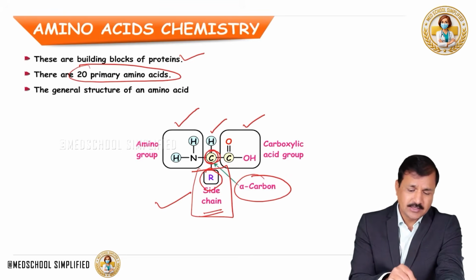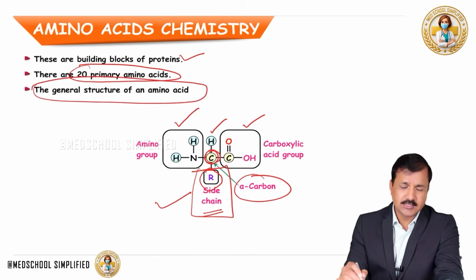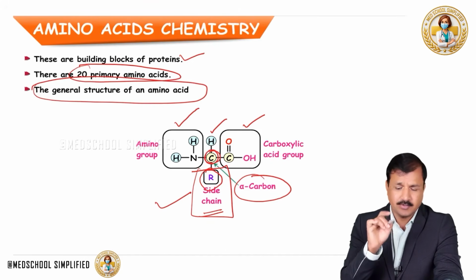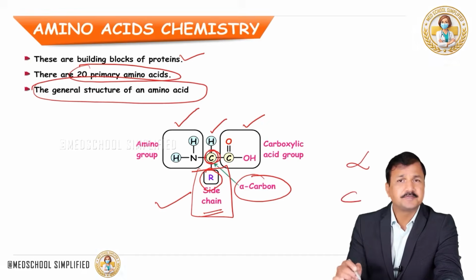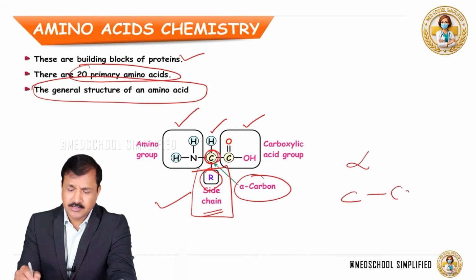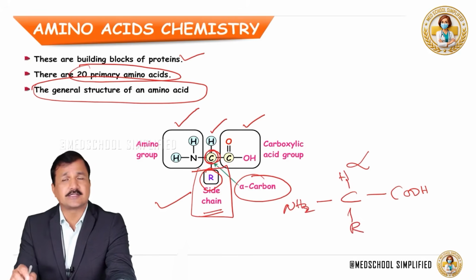I have already explained the general structure of an amino acid. To repeat one more time, an amino acid has got an alpha carbon in the center. Then we have a carboxylic acid group attached, then an amino group attached, then H attached, and then the R group attached, and this is how an amino acid looks.